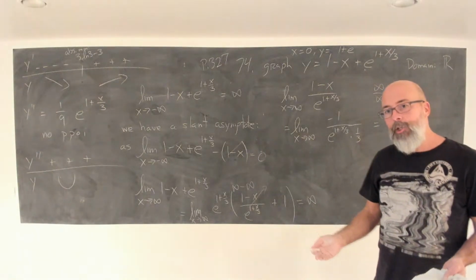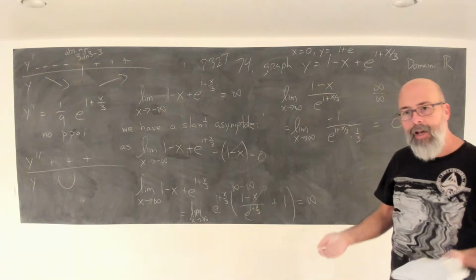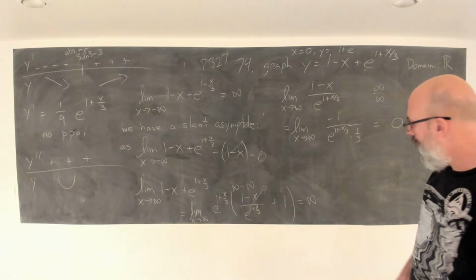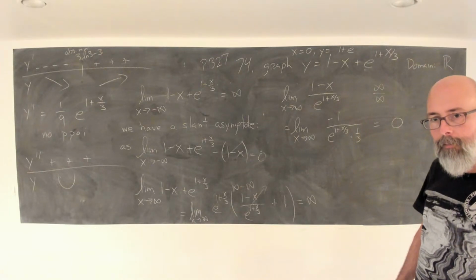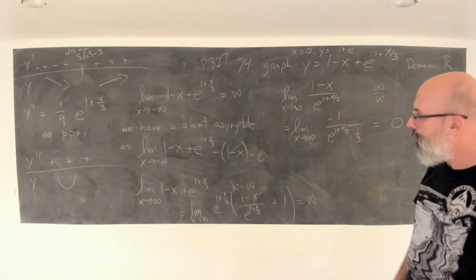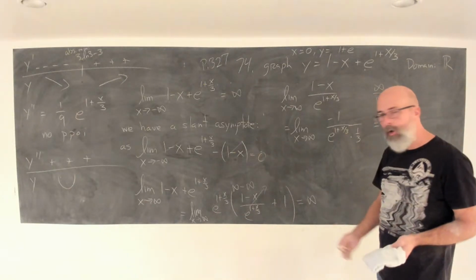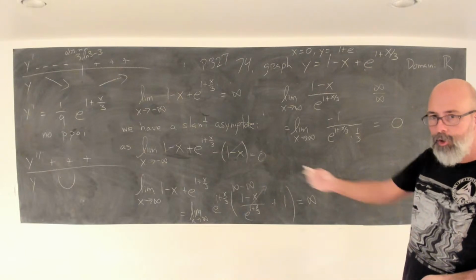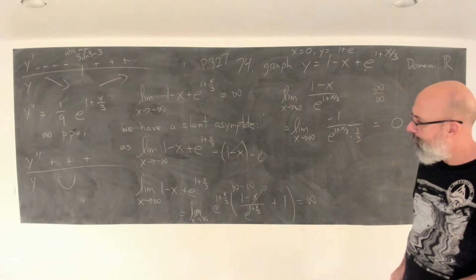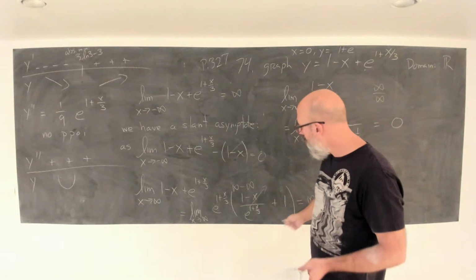Which might lead you to believe that perhaps we have a slant asymptote here. It's possible, right? This is the situation where you might want to look for a slant asymptote when your function goes to infinity or negative infinity. But let's be smart here.